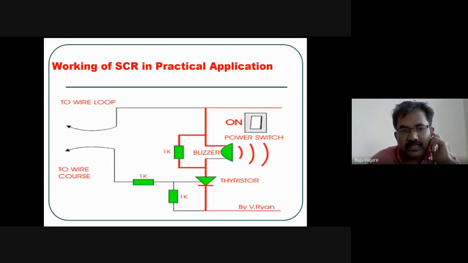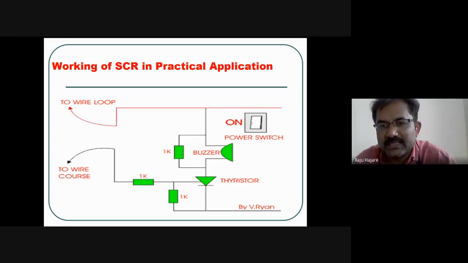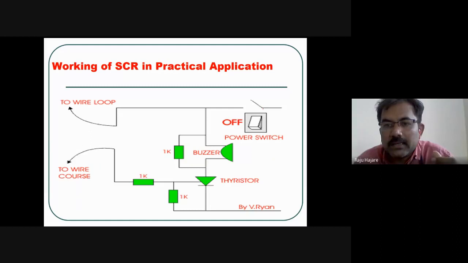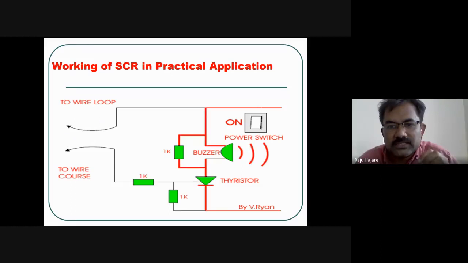When there is a closed path for the current flow, when these wires are connected or shorted, there is a flow of current. When you switch on the power switch here on the right-hand side, like the switches you have in homes, and just press it, the wire gets connected to the circuitry and the circuit is completed.